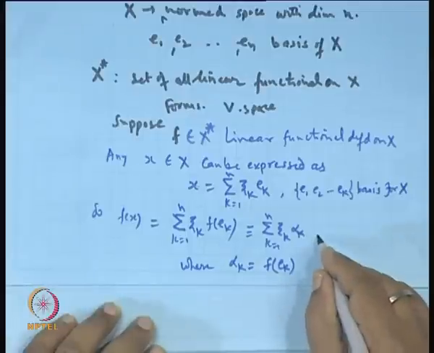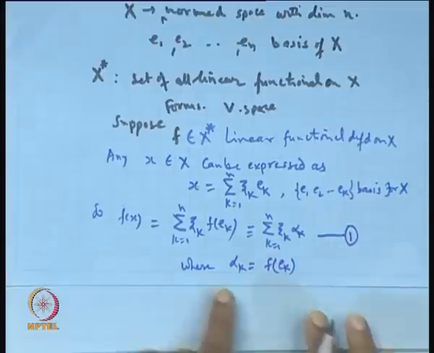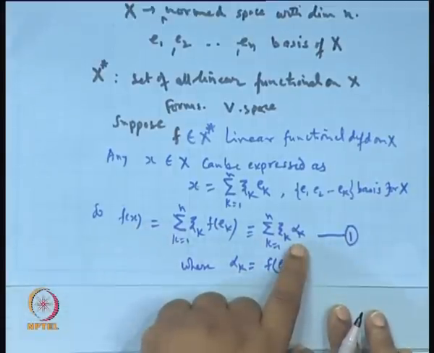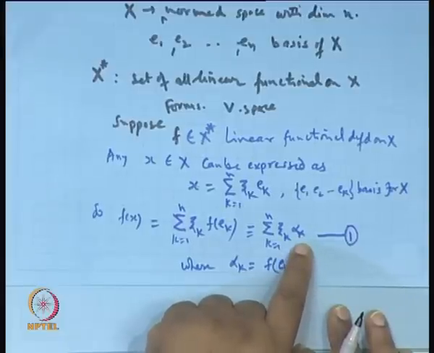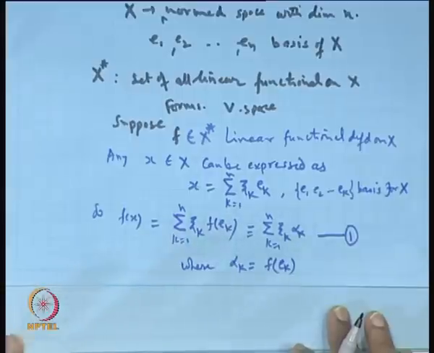Now, if we look at this equation, say equation 1, then f can be uniquely determined by the values alpha k at the n basis elements.